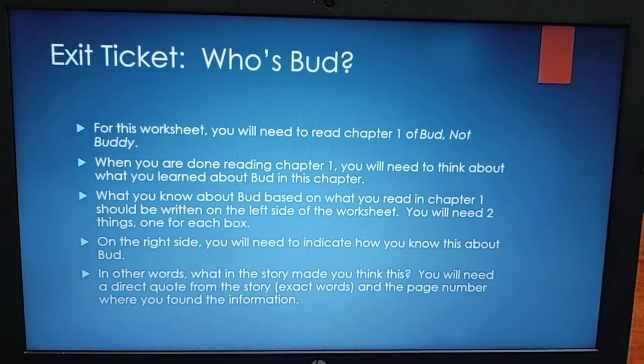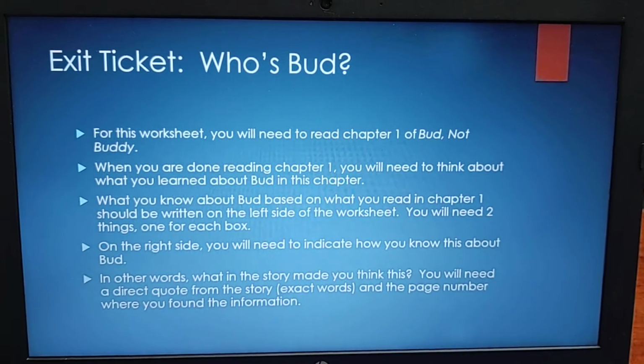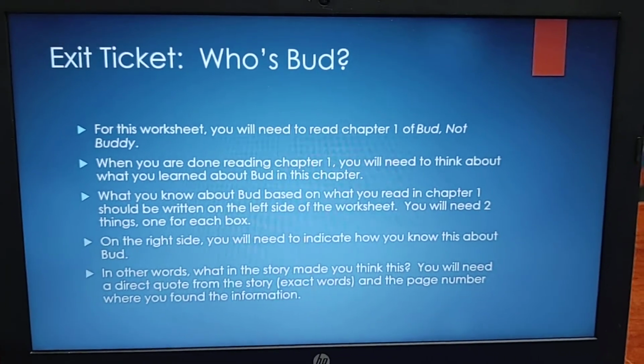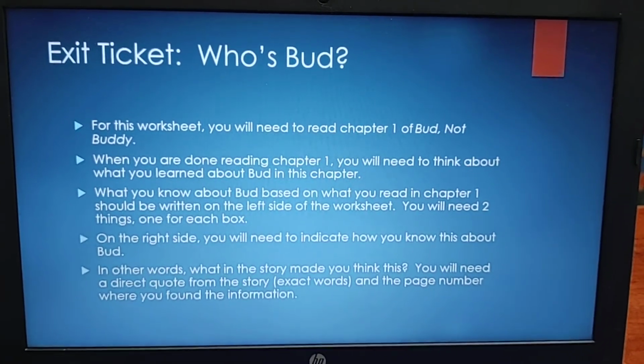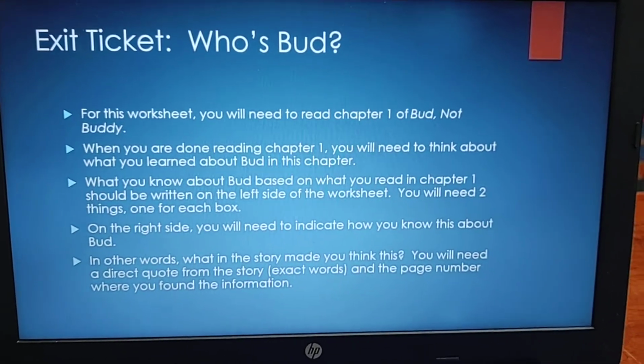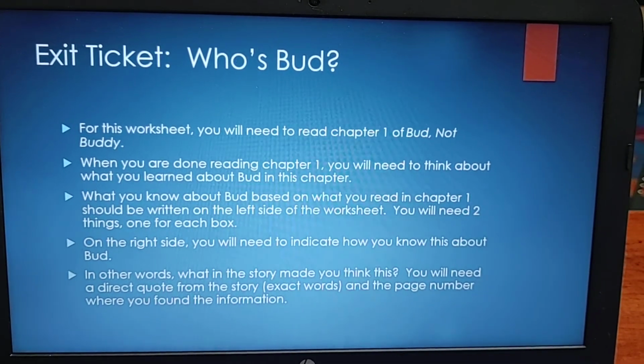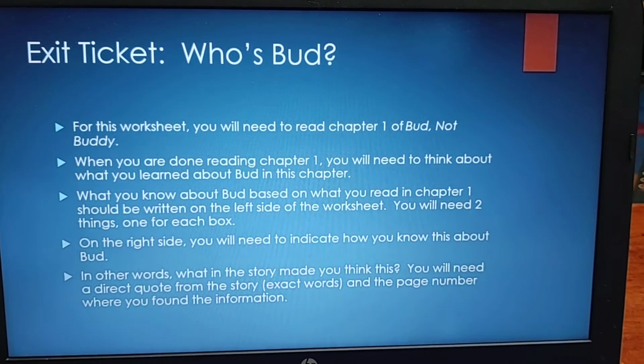Lastly, you have an exit ticket in your ELA folder. This one will need to be turned in when you come back to get more materials next week. You'll need to read Chapter 1 of Bud, Not Buddy. When you are done reading Chapter 1, you will need to think about what you learned about Bud in this chapter.